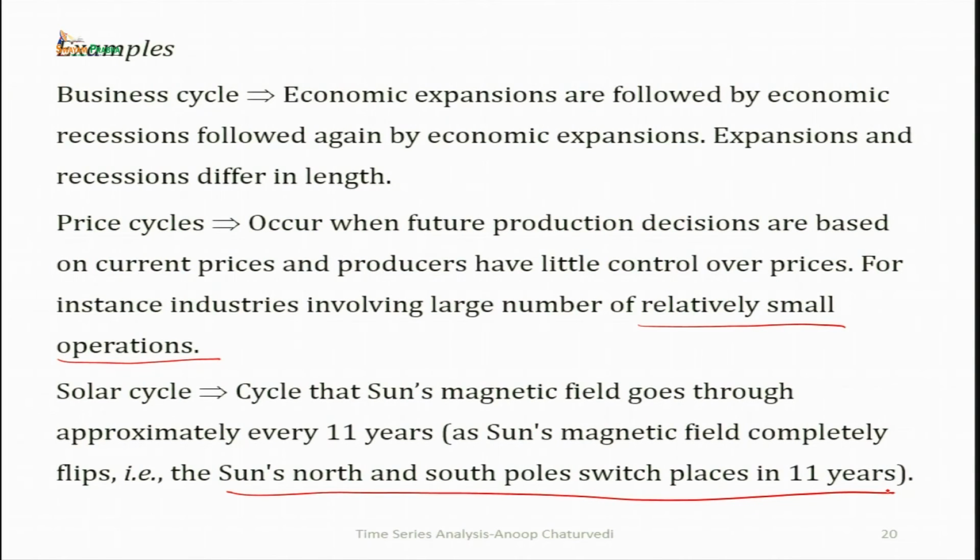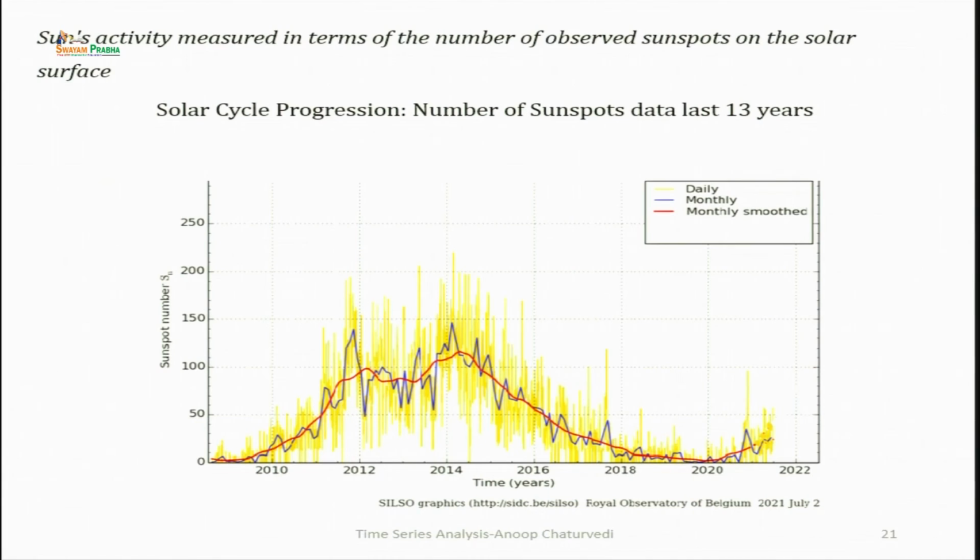So, the entire magnetic field of the sun completely flips in 11 years, and that activity of the sun affects the sunspot data. So, here I have plotted sunspot data of the solar surface.